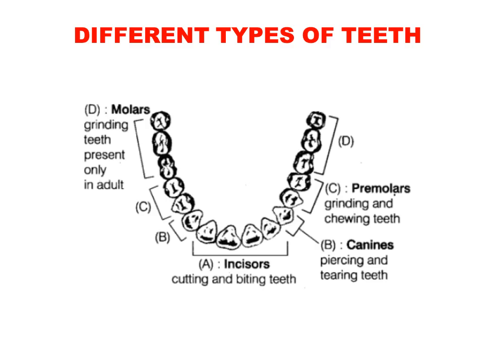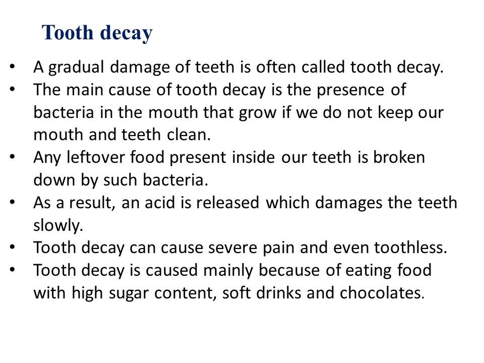Next comes tooth decay. What is tooth decay? A gradual damage of teeth is often called tooth decay. The main cause of tooth decay is the presence of bacteria in the mouth that grow if we do not keep our mouth and teeth clean. Any leftover food present in our teeth is broken down by such bacteria.